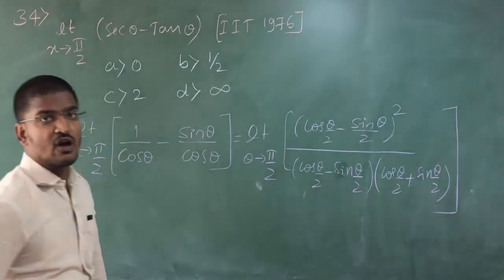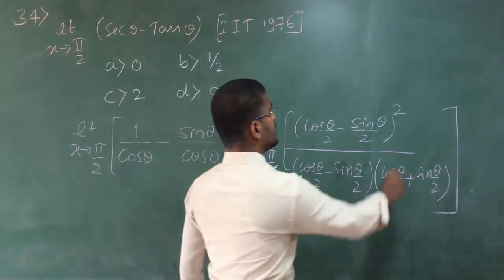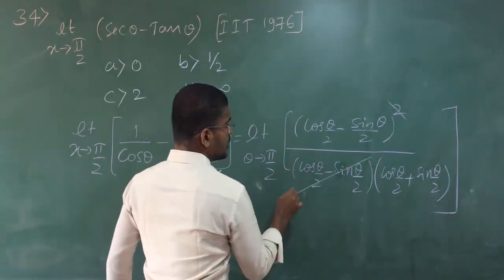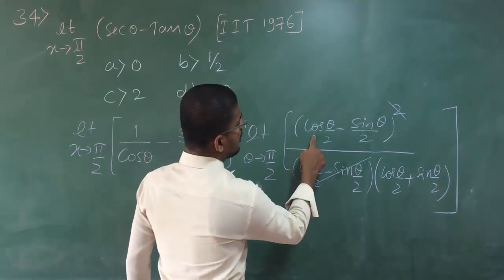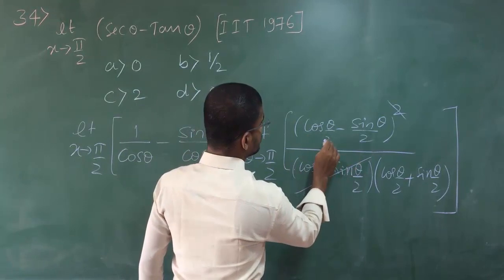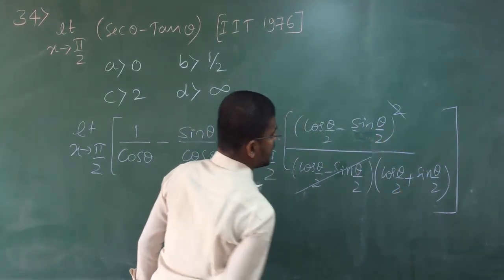So use trigonometrical formulas that you know and you have to simplify. So cancel one term, the cos theta by 2 minus sin theta by 2 term. So remaining term what? Cos theta by 2 minus sin theta by 2, divided by cos theta by 2 plus sin theta by 2.